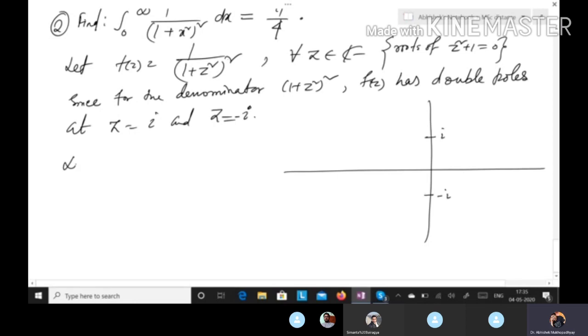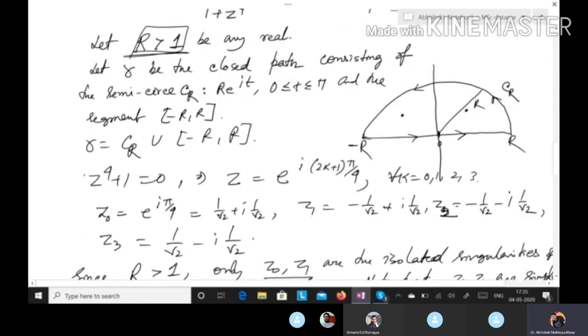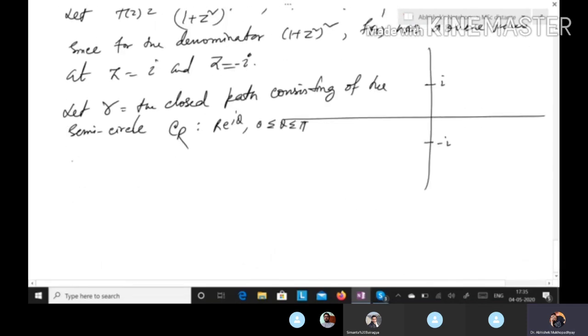So let again gamma be the closed path consisting of the semicircle CR, which is r e to the power i theta, 0 less or equal to theta less or equal to pi, and the segment.